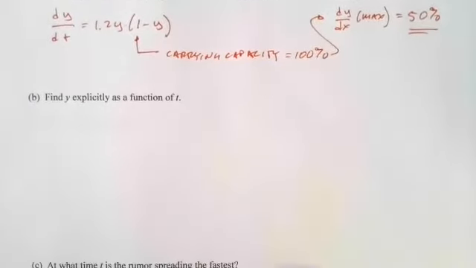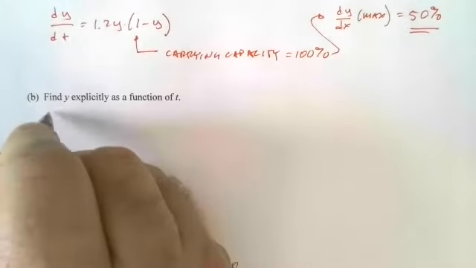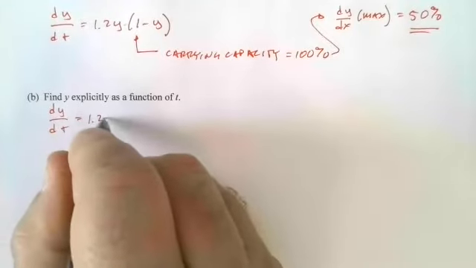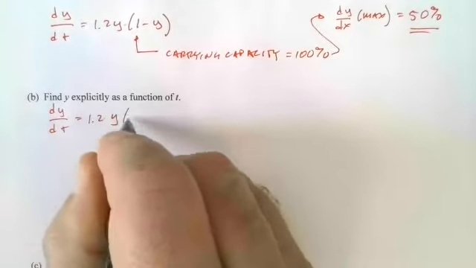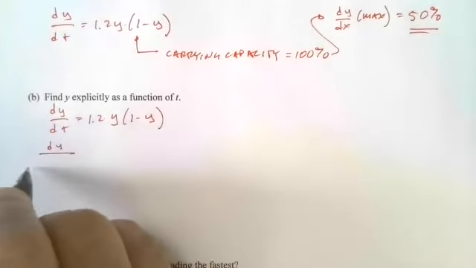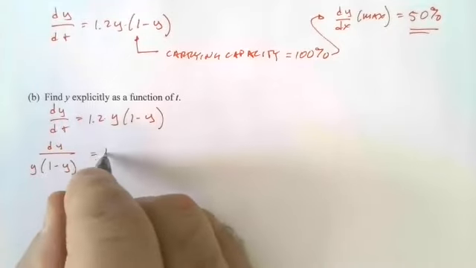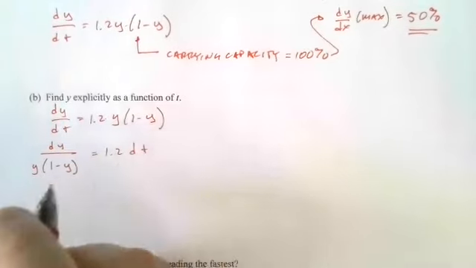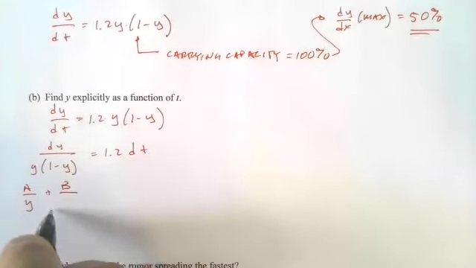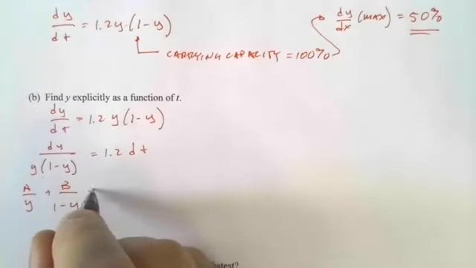All right. Find y explicitly as a function of t. Going to do this with some degree of speed, because we've got to do the whole partial fractions thing, which is challenging. Get a over y plus b over 1 minus y has to equal this thing right here. Off we go.